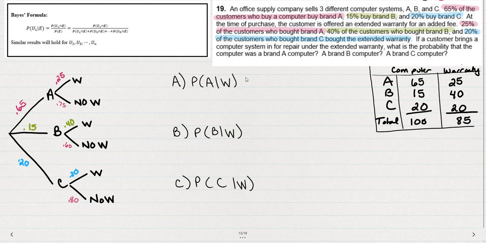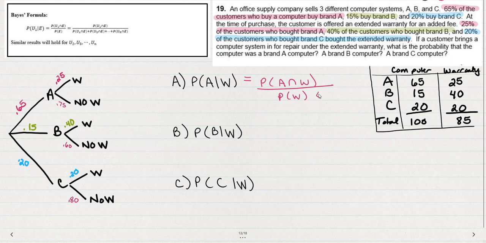But the probability of A, given that we already know that they chose a warranty. So we know that the customer purchased a warranty. What's the probability that they had computer A? So that's going to be the probability of A and warranty divided by the probability of a warranty.